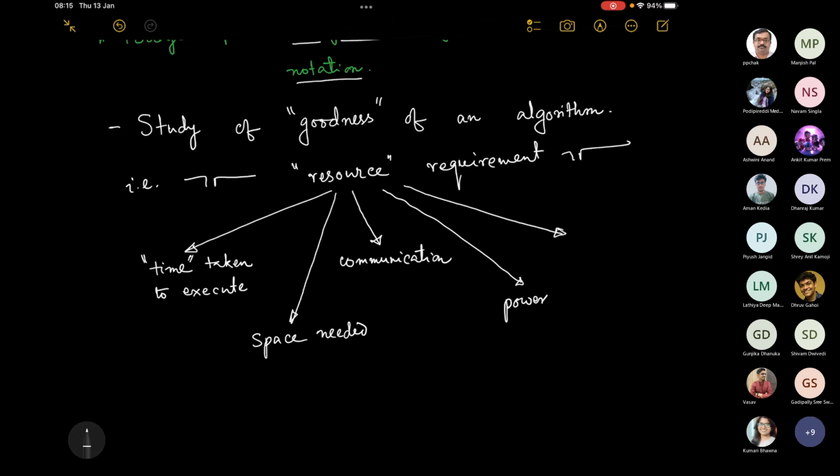Who will say this is good or this is bad? The user will say. Does the user know what data structure is used in the operating system or any software that you are using on your mobile phone? You don't care. All you care about is performance. Cost. Cost, but that's a very general thing. What do you mean by cost? So what I meant is comparisons.